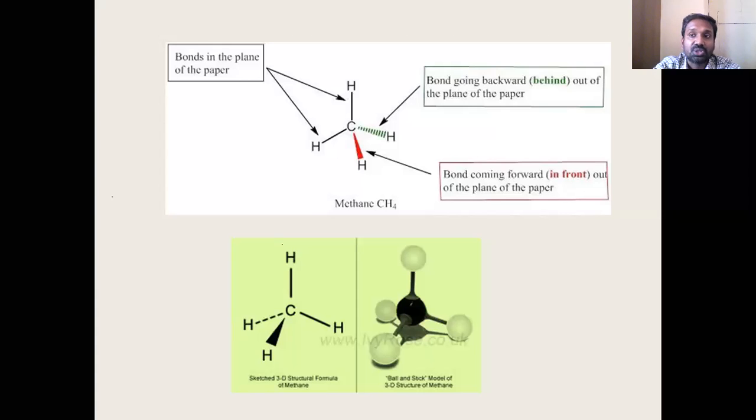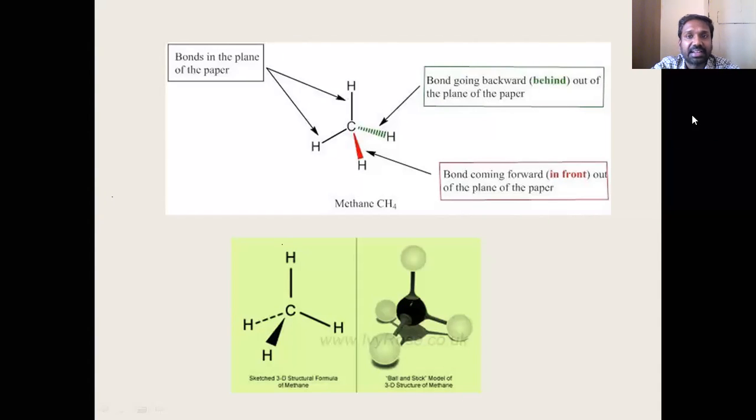So how do these projections vary from one another? The distinction is only in the angle of viewing: from which angle, or which orientation of the molecule, I am looking at it. That is the difference between one projection and another. Okay, so in the wedge-dash projection, which is the angle we are looking at?